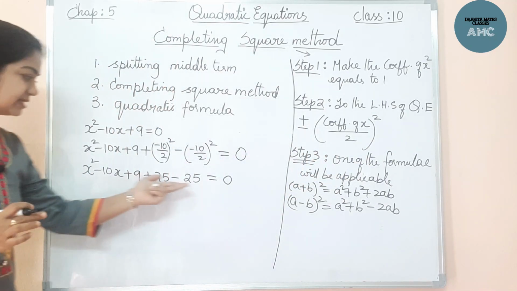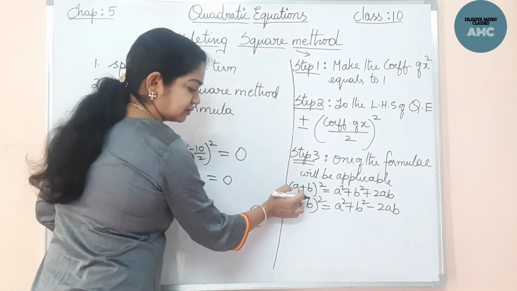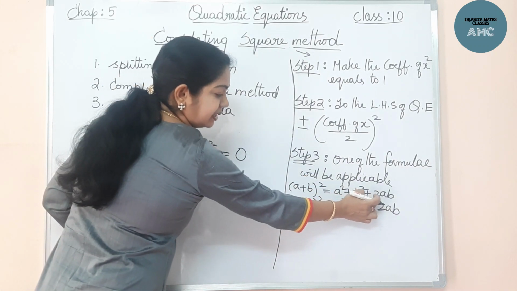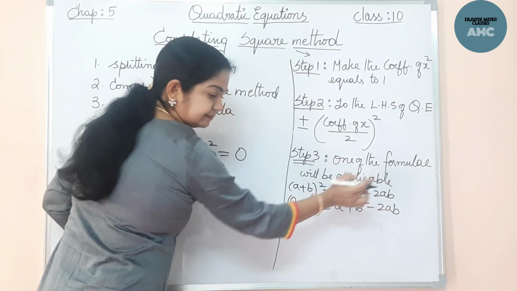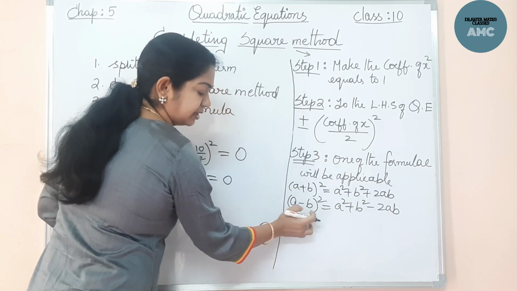Now seeing this, we have to get that formula. Now here if you see the plus formula, a plus b whole square, if there is a plus sign in the 2ab, then you get the plus formula. Minus sign in the 2ab, you get minus.